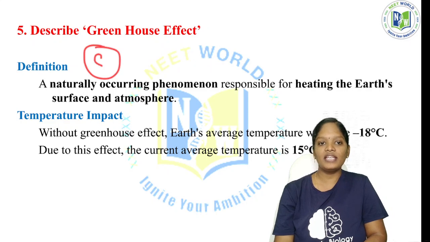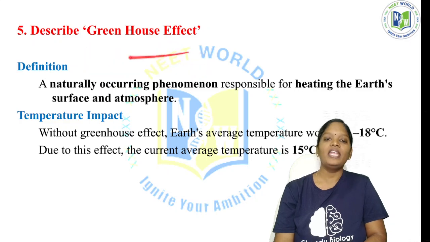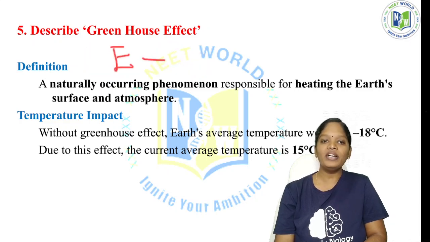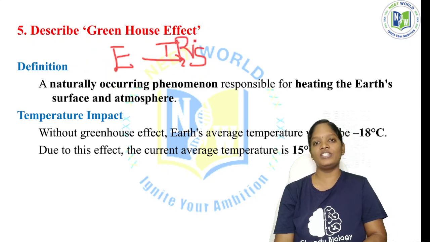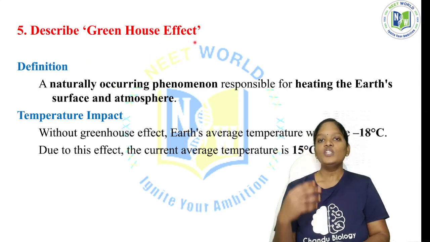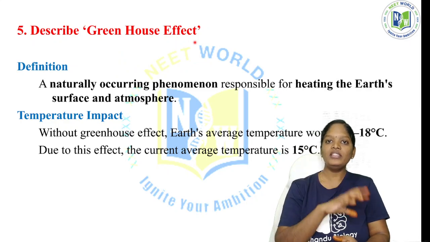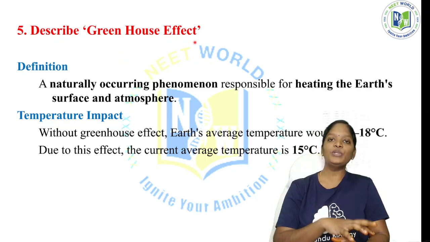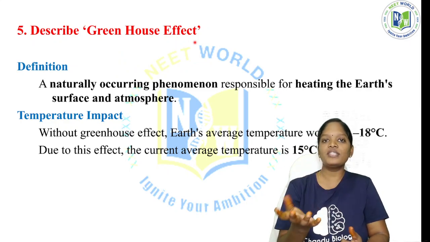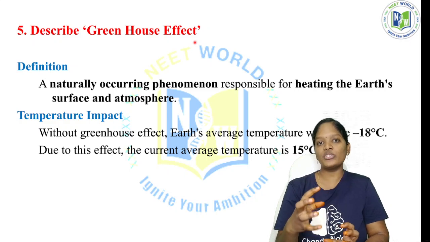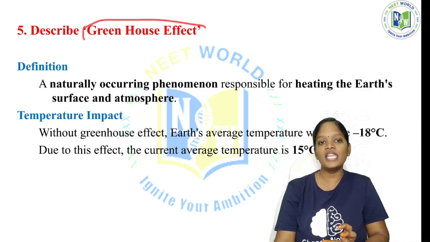The rays from the sun to the earth are called insolation. The rays from the earth to the sun are called terrestrial radiation. If the rays coming from the sun to the earth and from the earth back were in equal proportion, there would be no concept of the greenhouse effect.